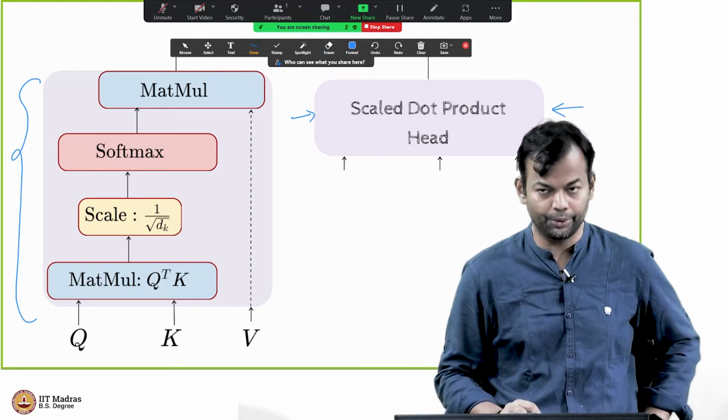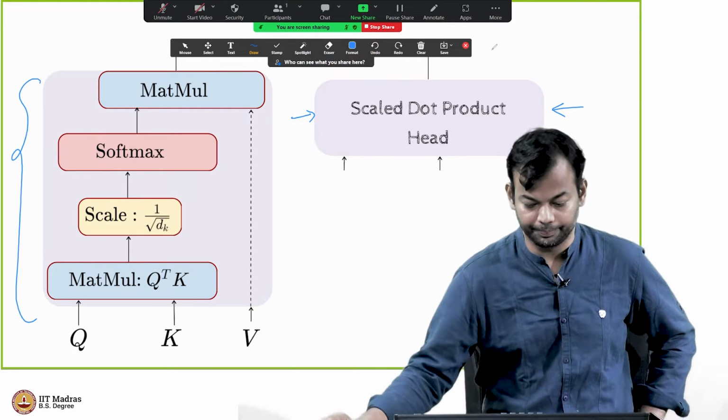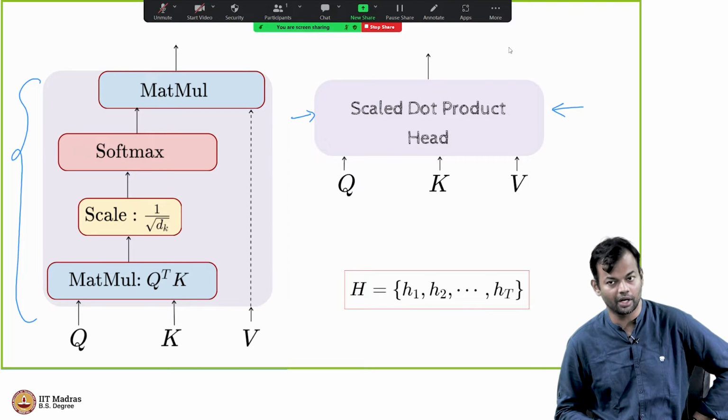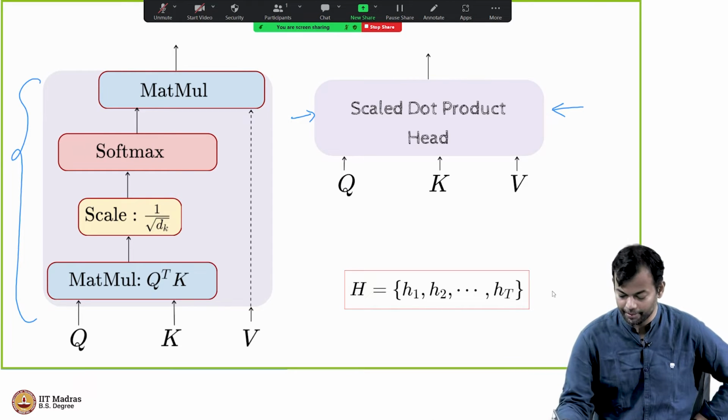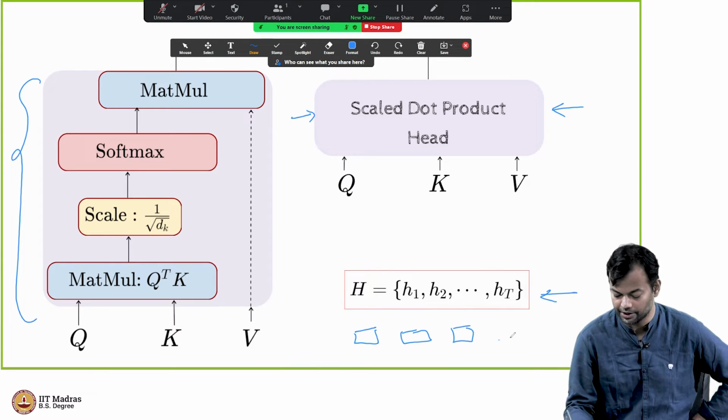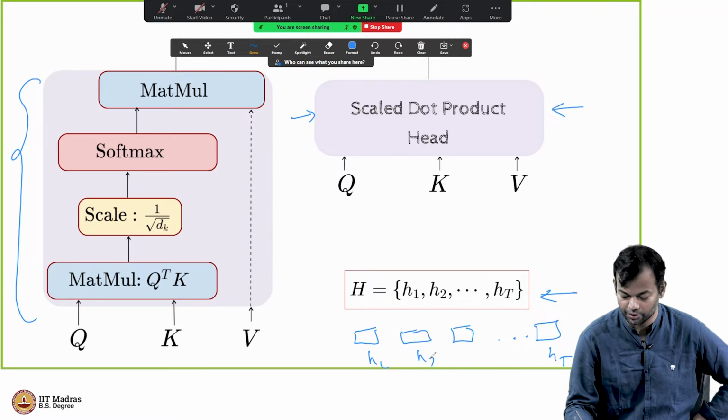And now what is the input to the box? Let's see. So you get the key, query and the value matrices. How are these constructed? Originally, remember, at the input all you had were these h1 to hT, right? So you had these word representations for the T words, and we were calling them h1, h2 and so on, right?